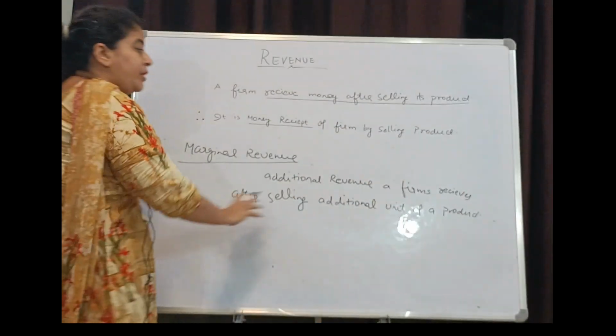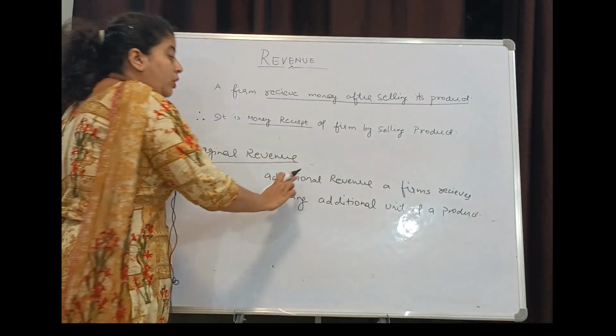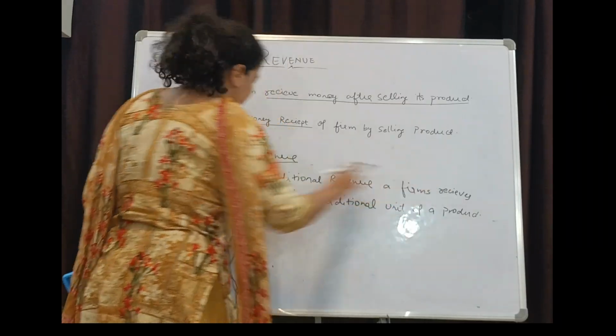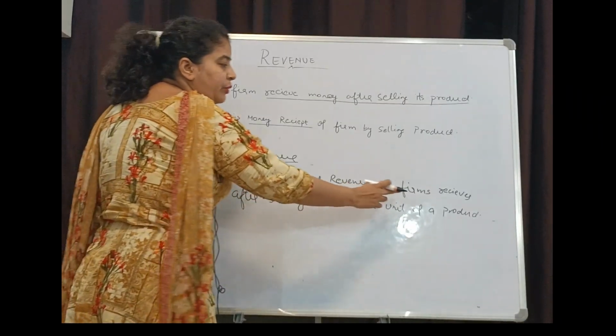So this is the additional revenue a firm receives after selling an additional unit of produce.